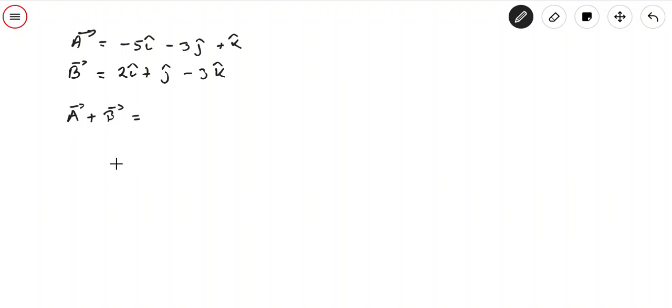If we find a plus b, we're basically adding vector a with vector b, so we're adding the components that have the same unit vector.